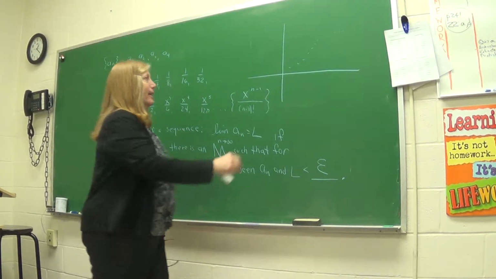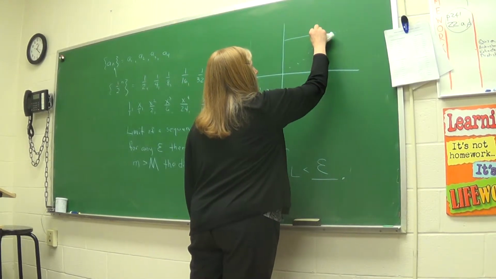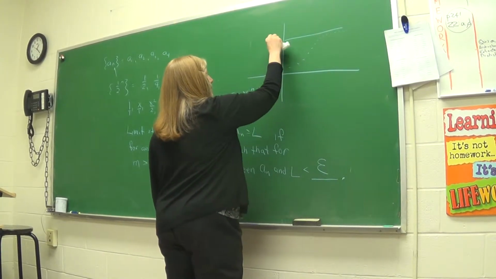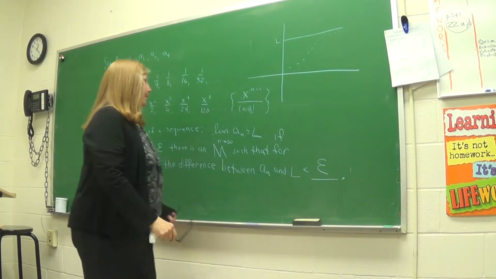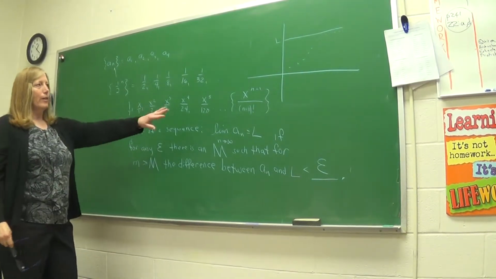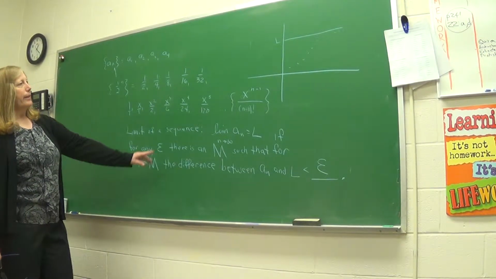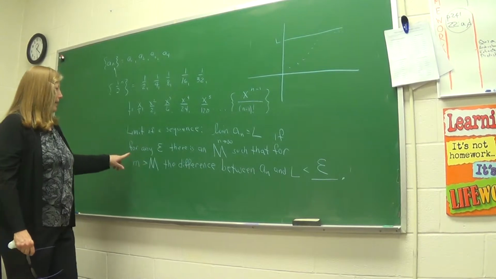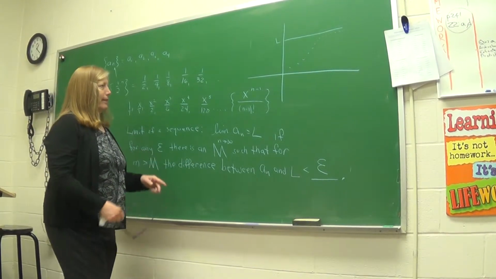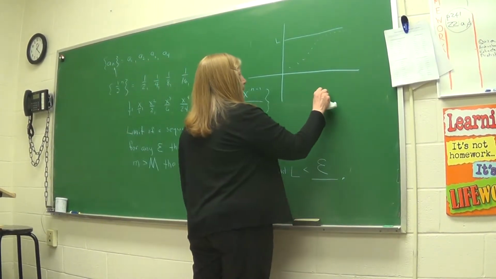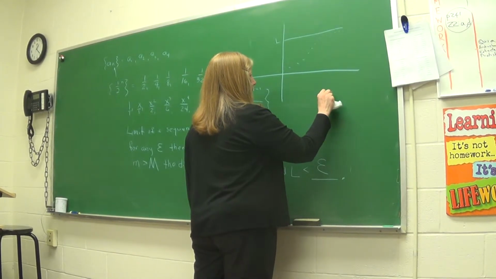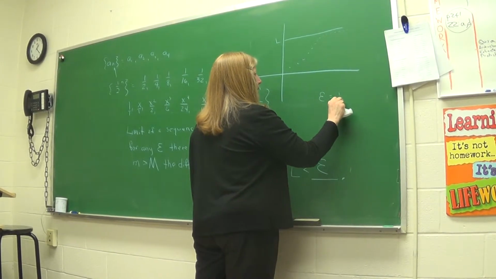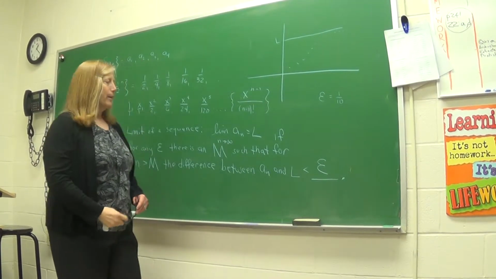And so we might say the limit of the sequence is whatever this number is, L. So, how does this definition correspond to that picture? Well, the limit of that sequence is L if for any epsilon, so we're going to pick an epsilon, any epsilon, I'll say 1/10. That's fairly small.